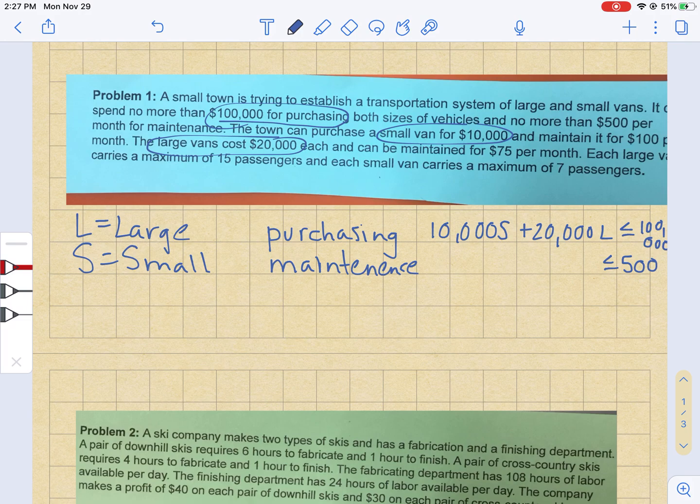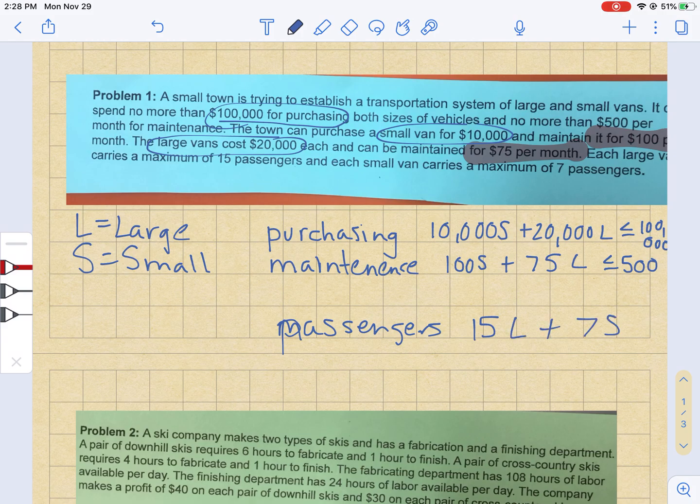And how much does it cost to maintain? Well, it's 100 for the small, and how much for the large? 75 for the large. And then each one carries a maximum number of passengers. So our passengers, we just know that there's 15 for each large and 7 for each small.